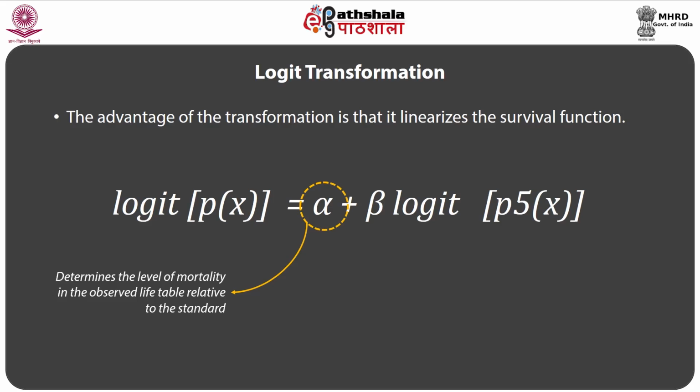The Logit linked linear equation is as follows: Logit Px equals alpha plus beta Logit Px star, where alpha effectively determines the level of mortality in the observed life table relative to the standard.